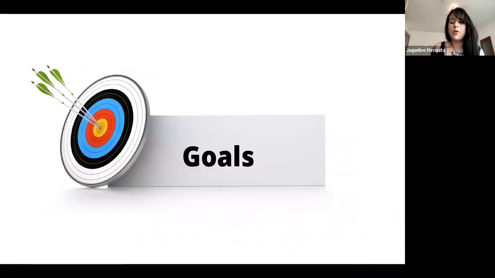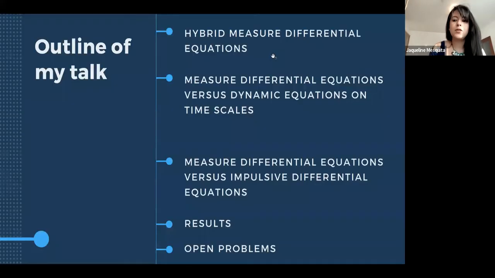So the goals of my talk: I will talk about this class of equations, that's the hybrid measure differential equations, and I will talk about some results concerning these types of equations. So the outline of my talk, I shared in the following way.